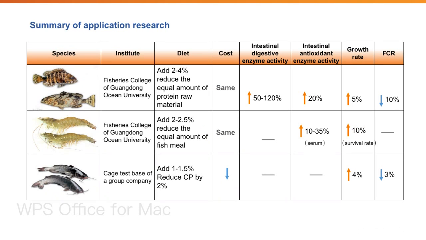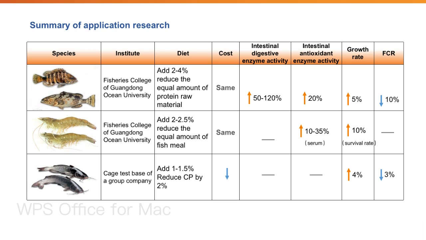In terms of the special aqua, we have carried out research on groupers and shrimps with the Aqua College of Guangdong Ocean University. In the research on groupers, Fortide has significantly increased both physical and chemical indicators, as well as production performance. The activity of intestinal digestive enzyme is increased by 50 to 120%, and the intestinal antioxidant enzymes are increased by about 20%.